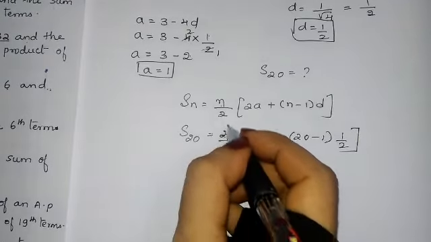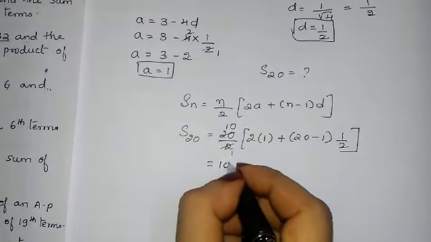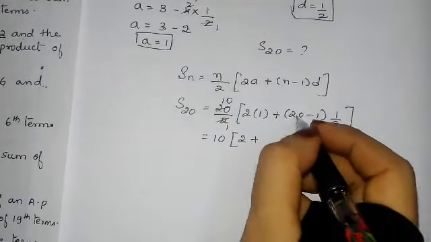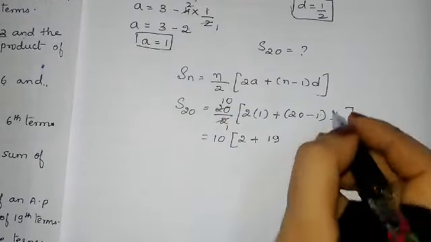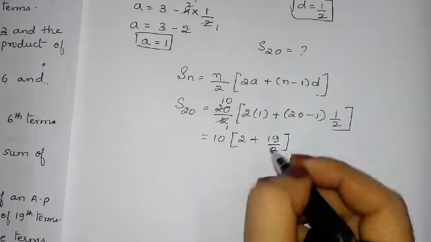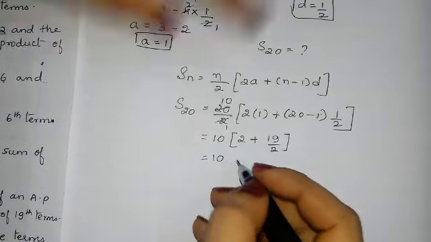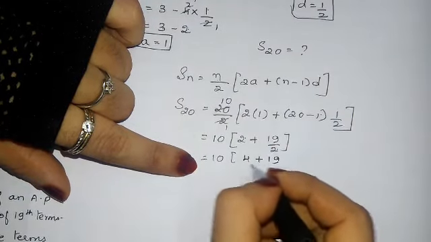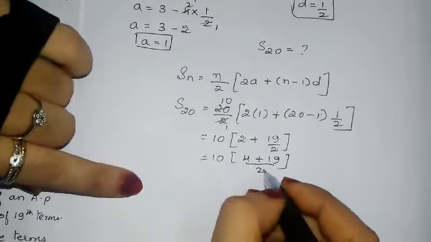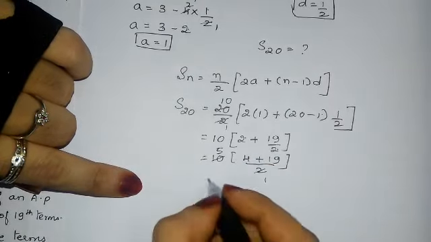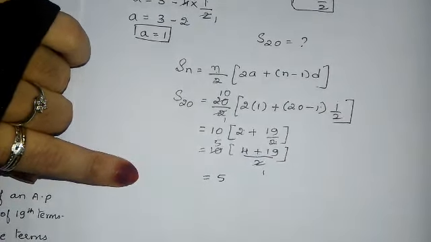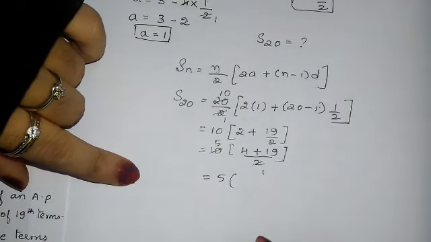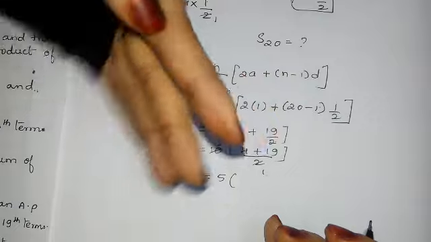So 10 let's keep outside. 10 into (2 1s are 2, plus 19 by 2). 2 2s are 4, 4 plus 19 by 2. 2 1s are 2, so 5 into (19 plus 4 is 23). 19, 20, 21, 22, 23.